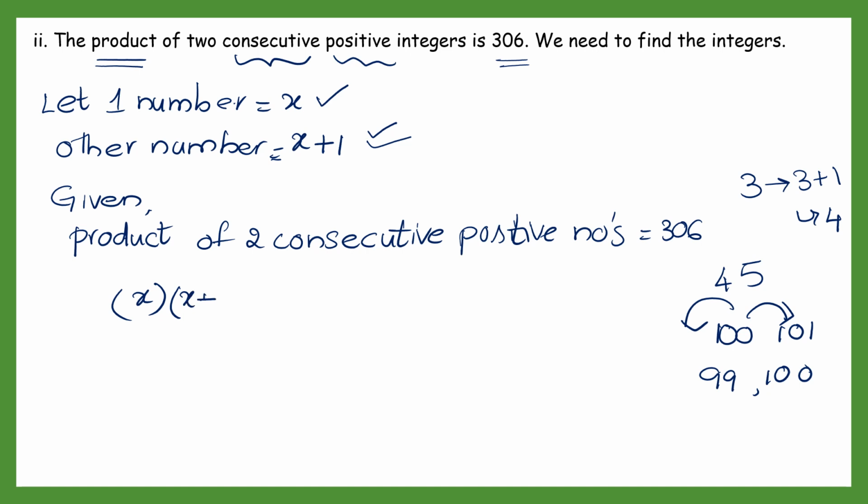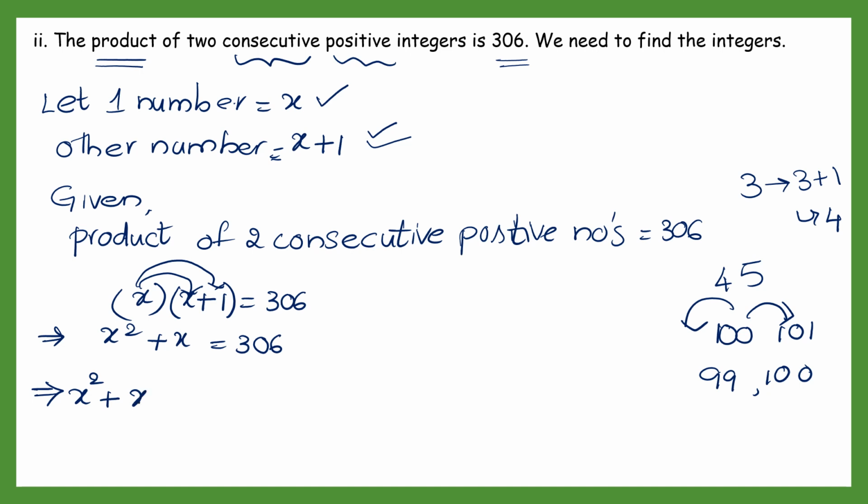So, x into x plus 1 is equal to 306. So, x into x is x square, plus into plus is plus, x into 1 is x, is equal to 306. If 306 comes to the left side, it will become x square plus x minus 306 is equal to 0.